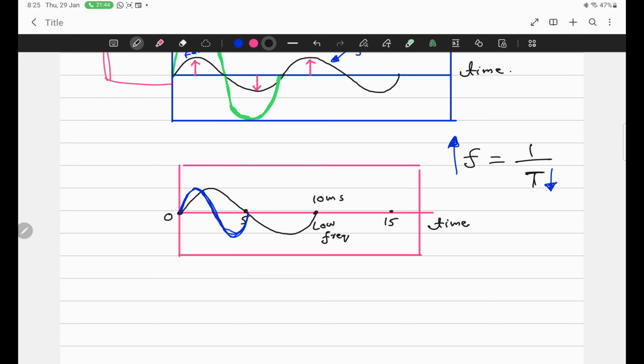Low frequency sound is the black wave, and the blue wave is the high frequency sound. When the frequency is high, it will take short time. So the short time sound I have displayed on the screen.